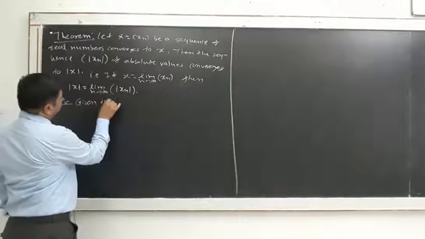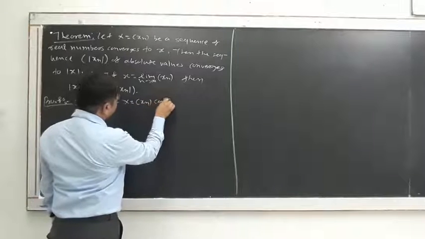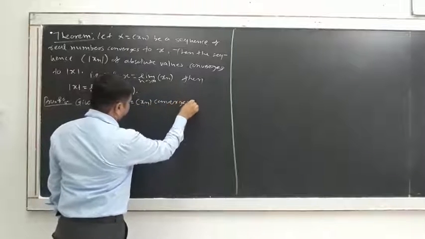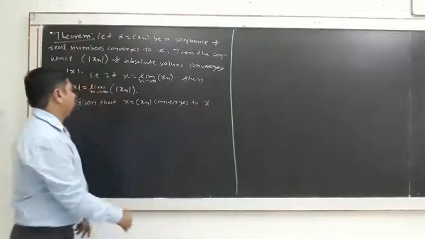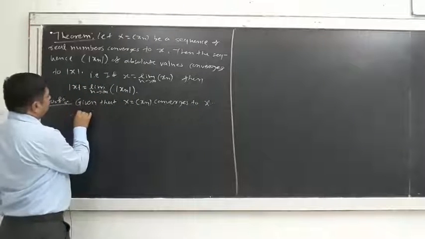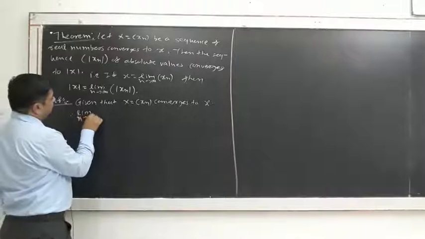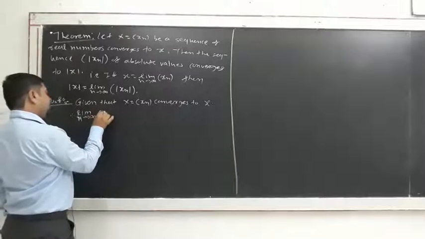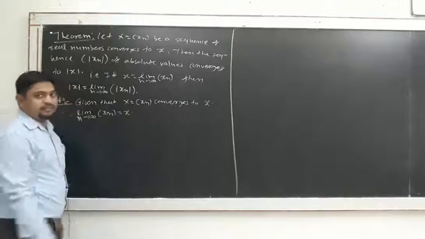Given that X = (xn) converges to x, we can write lim n→∞ xn = x.